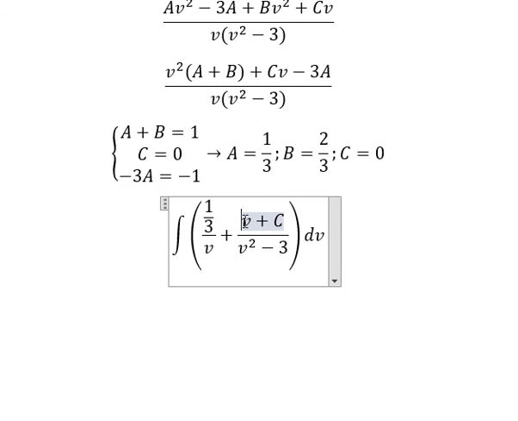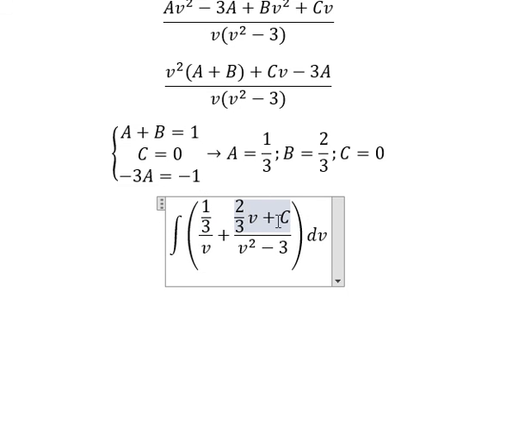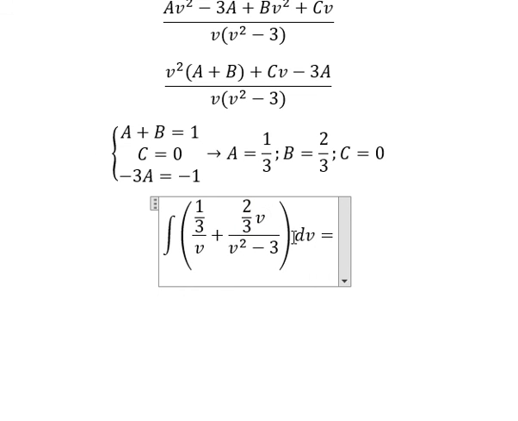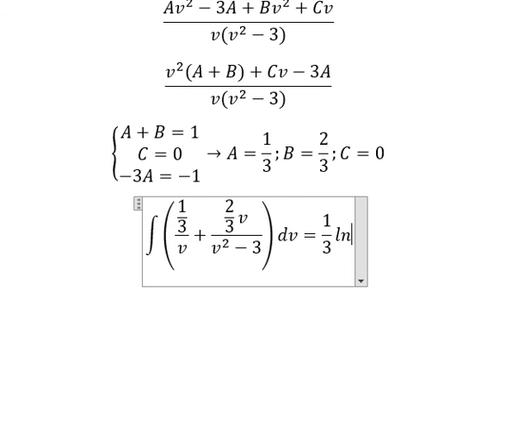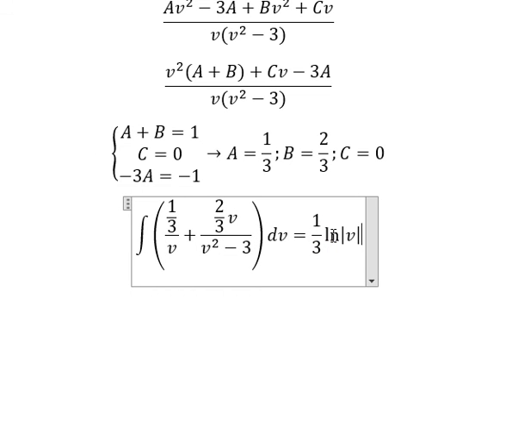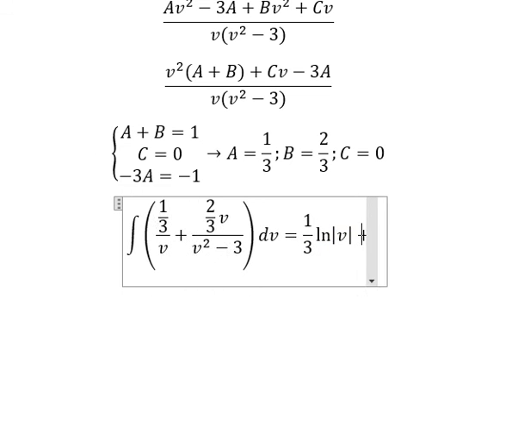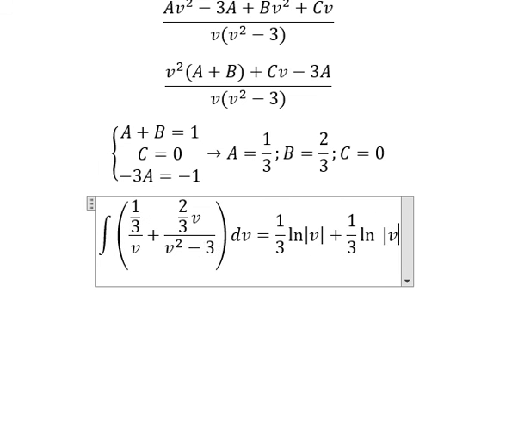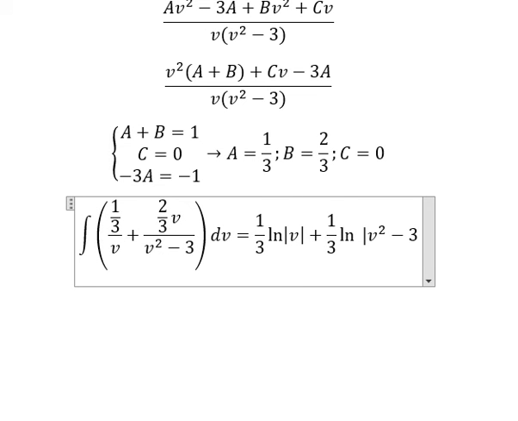Capital B represents 2 over 3. C you get 0. For this one, we have 1 over 3 ln of the absolute value of v. About this one, we will have 1 over 3 ln of the absolute value of v squared minus 3. And we put C in here.